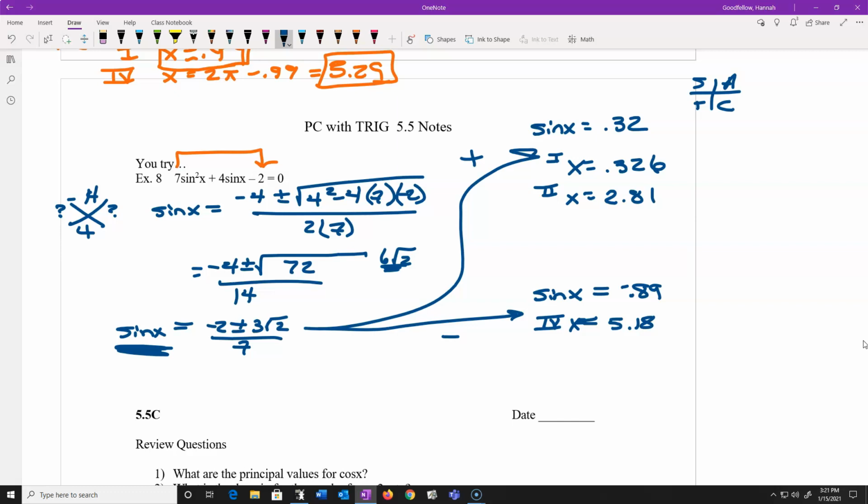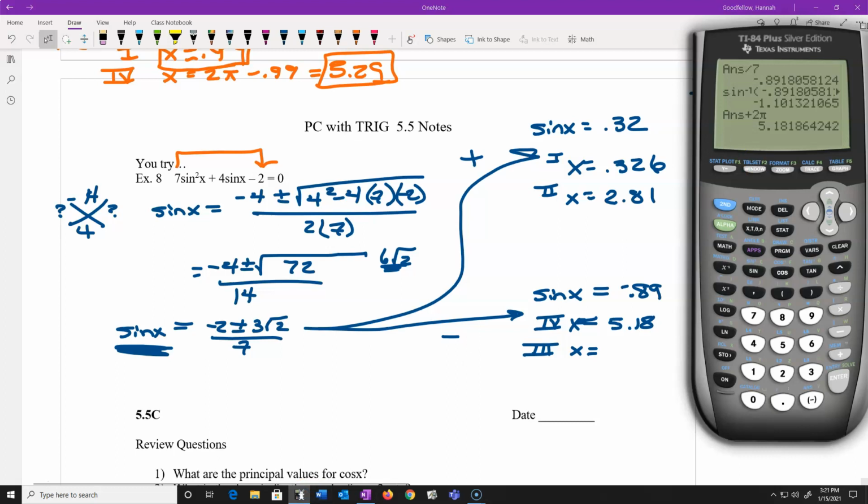Now, unfortunately, that's not the only place sine can be negative. It can also be negative in the third quadrant, so we're going to get a third quadrant answer as well. And that reference angle that we got on the calculator before is the reference angle from the x-axis to that value. That'll be the same thing that's added from the x-axis into the third quadrant, and we'll have to use it as a positive value.